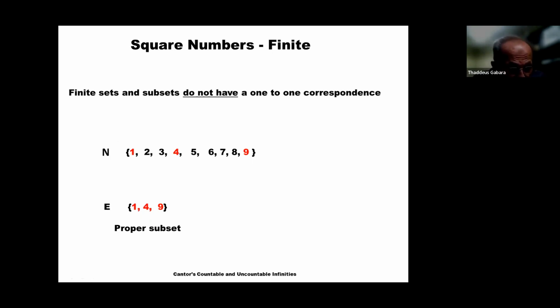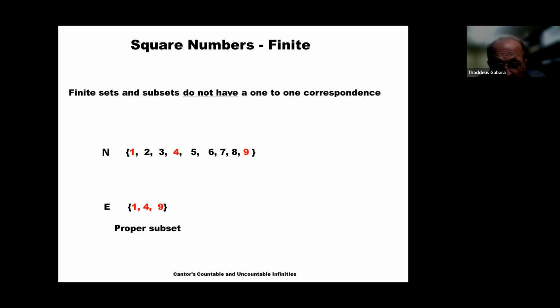This is a finite set. And we took a subset from this, all of the squares. But we can't match the top to the bottom. There is no one-to-one correspondence. One-to-one correspondence, when we're doing matching, does not work for finite sets.